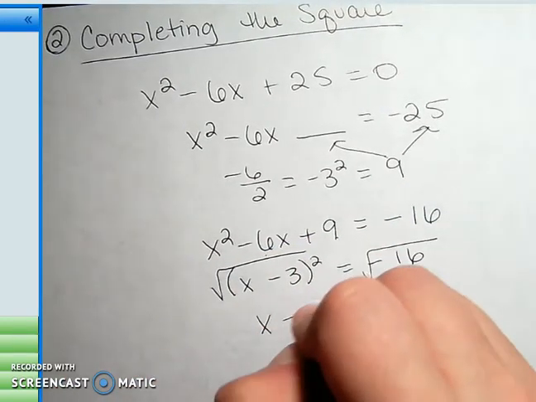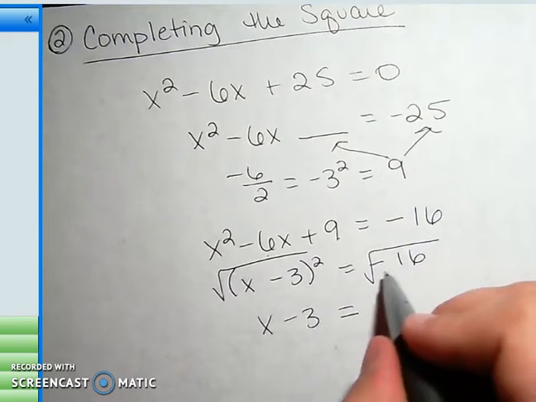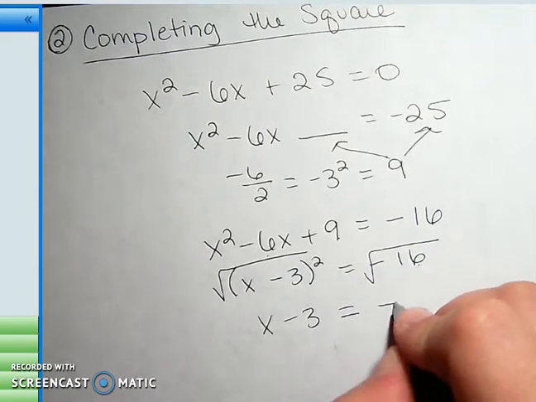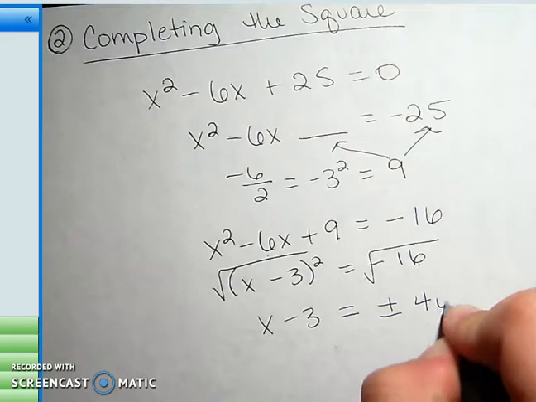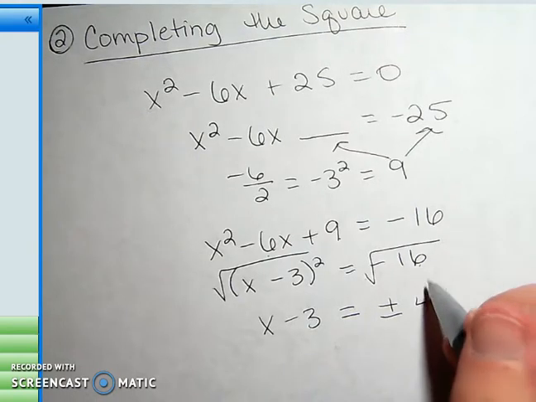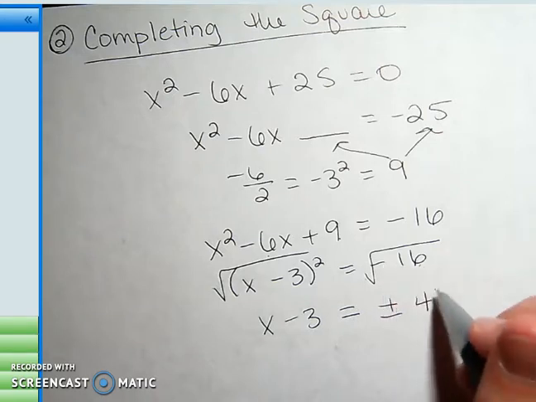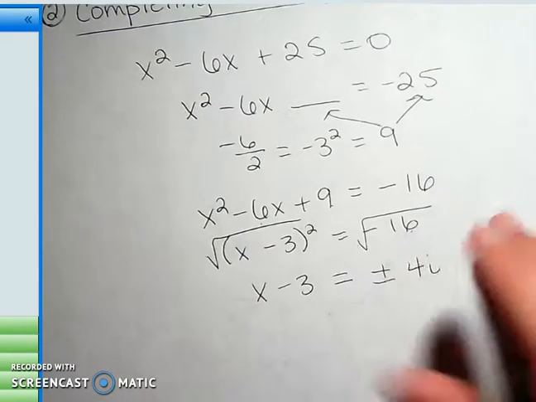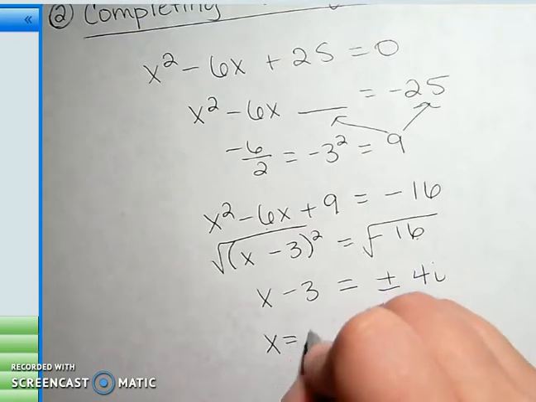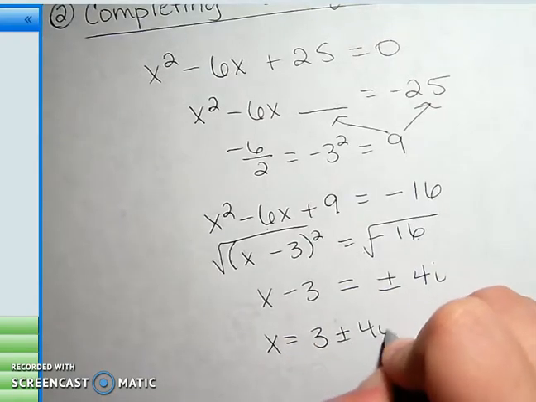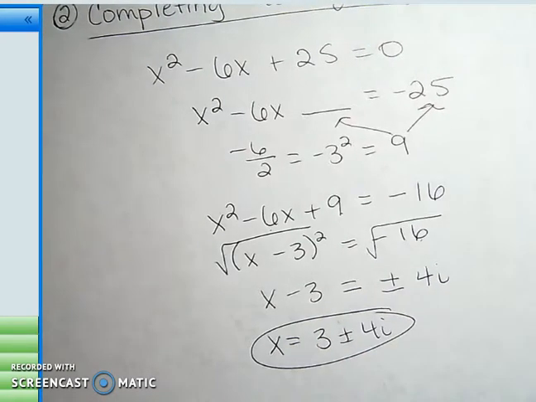That gives us x minus 3 equals the square root of negative 16 is plus or minus 4i. 4 being the square root of 16 and i being the negative part. This is an imaginary solution. Then my final answer would be 3 plus or minus 4i when I got x by itself.